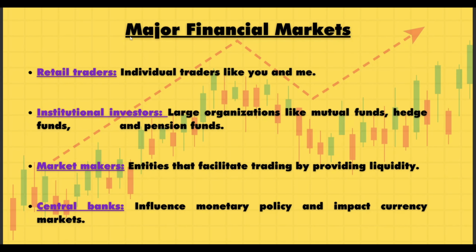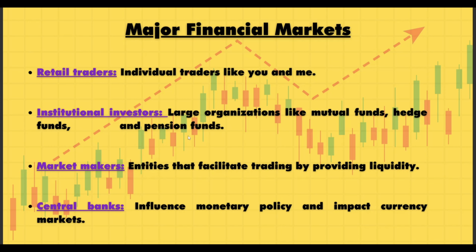The major thing again in the financial markets is the type of participants involved. First, we have retail traders like us, individual traders like you and me who trade or invest in the markets. Secondly, we have institutional investors, large organizations like mutual funds, hedge funds, and pension funds.